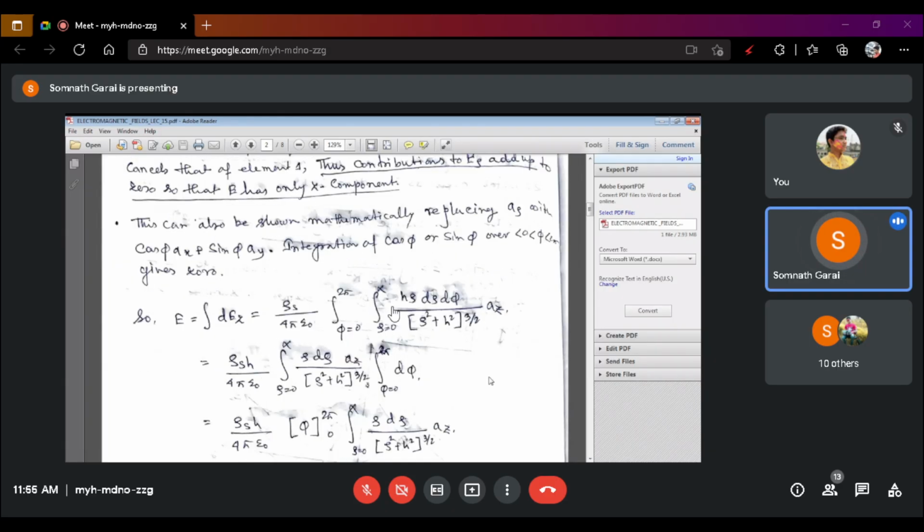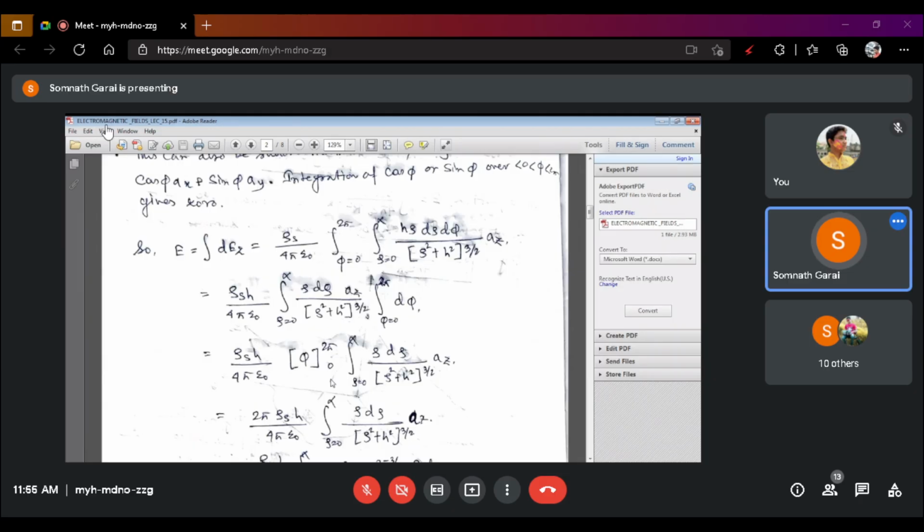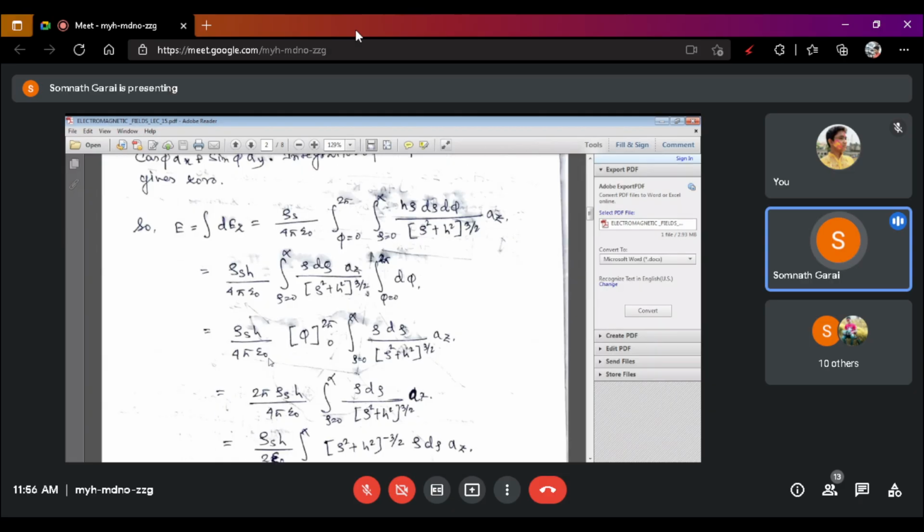Now we calculate it. As phi varies from 0 to 2 pi, first we integrate that one. So phi integrated from 0 to 2 pi, into the integration over rho from 0 to infinity of rho d rho divided by (rho square plus h square) to the power 3 by 2 into a z, because here h is also constant, right?